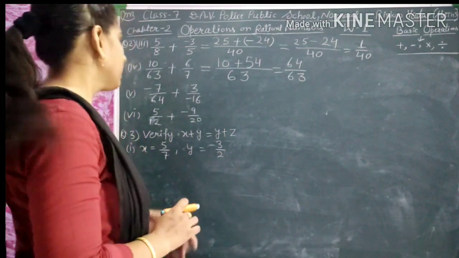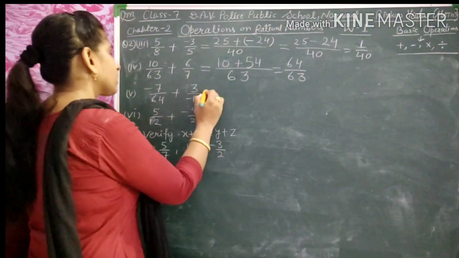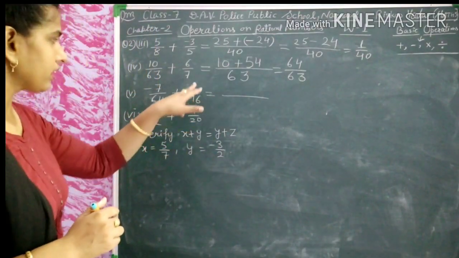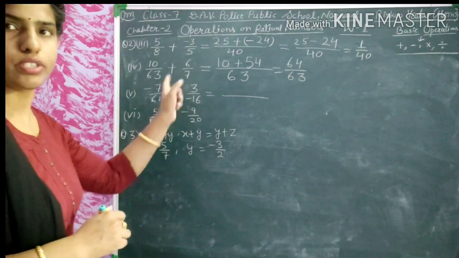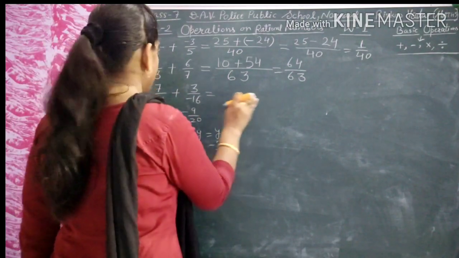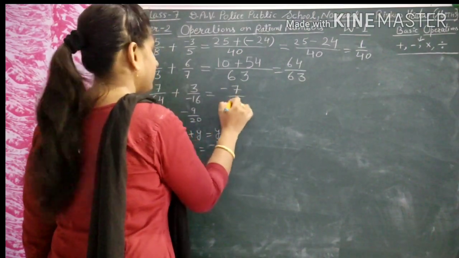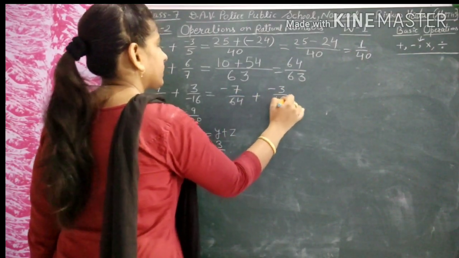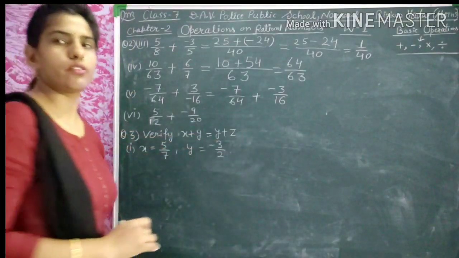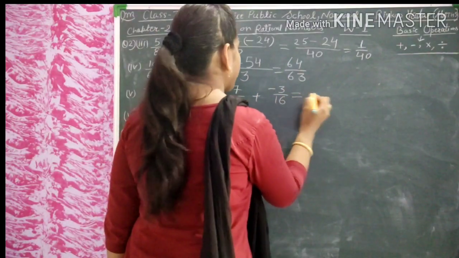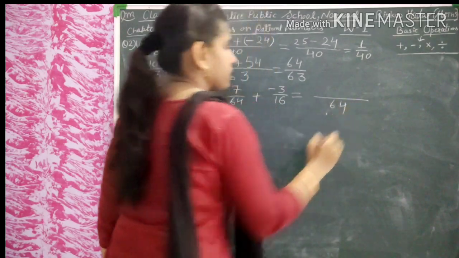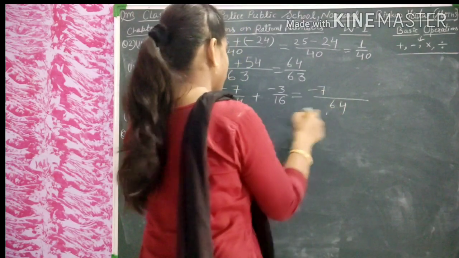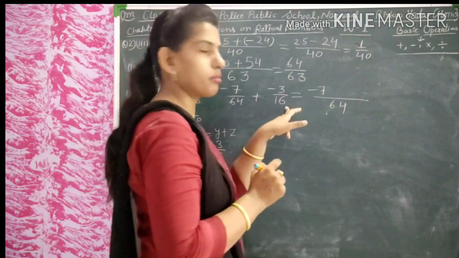Now, doing question number 5. Here it is not in the standard form, so we will change it into the standard form first. So minus 7 divided by 64 plus minus 3 by 16, it becomes the standard form. Now we will solve the question. The LCM is 64 there, and the denominators are not the same.